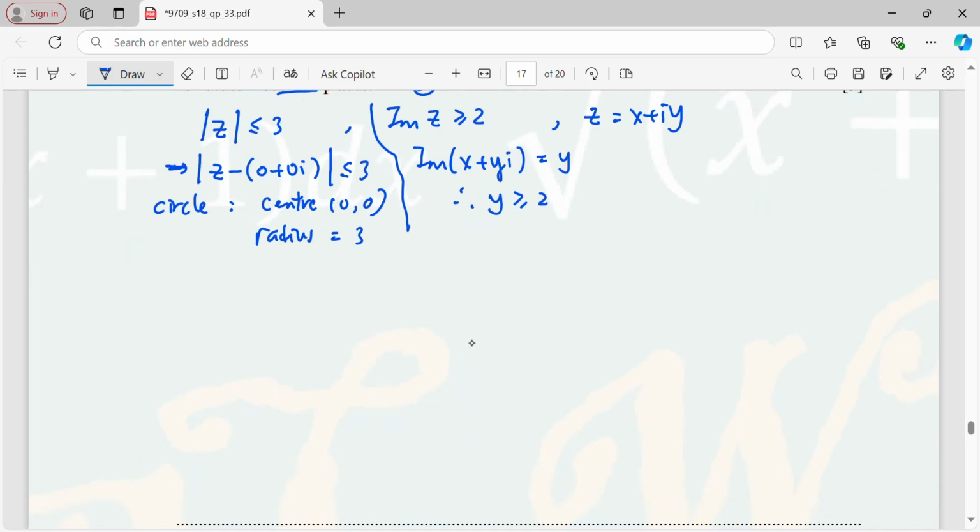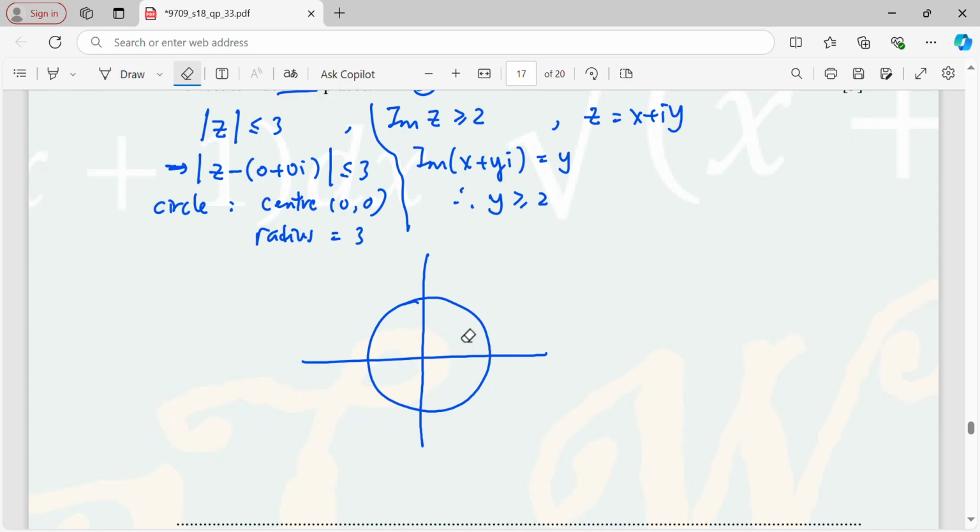Okay, so now I will draw a circle. Center, origin. Okay, so this is the center, origin. Now let's say this is 2.